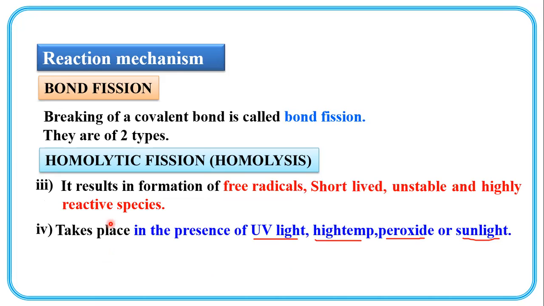Homolytic bond fission results in formation of free radicals, which are short-lived, unstable and highly reactive species. Homolytic bond fission takes place in presence of UV light, or at high temperature, or in presence of peroxide or sunlight.